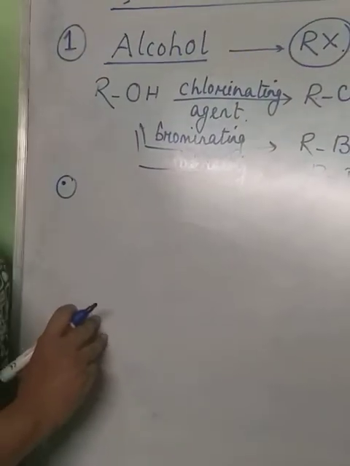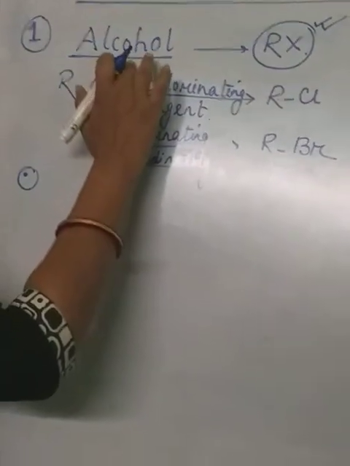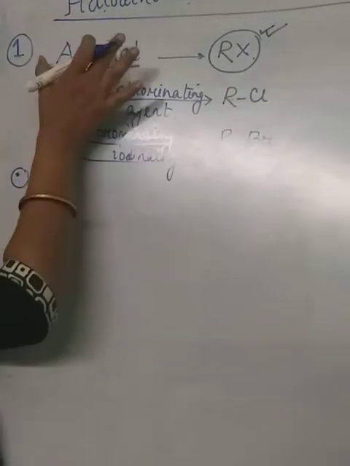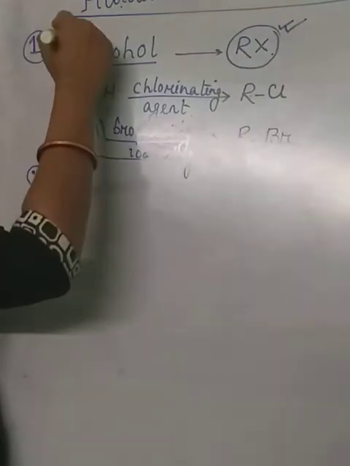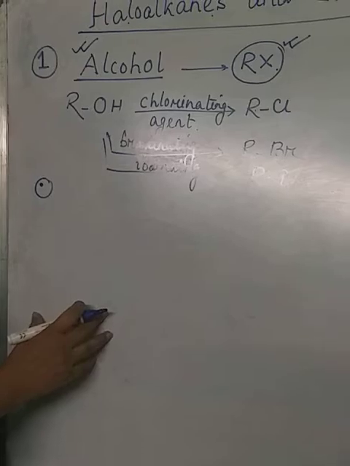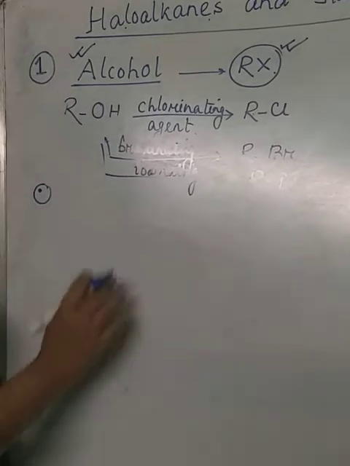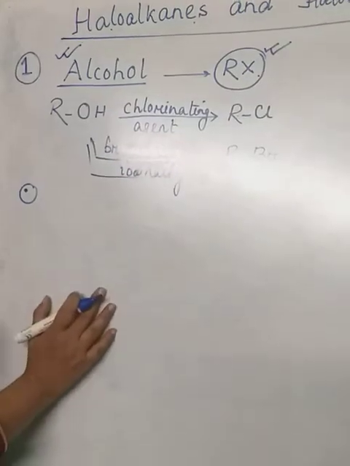The first point, what I said, is that haloalkanes are largely and extensively prepared from alcohol. Why does this happen? Why is alcohol taken as the most important or the chief source to prepare haloalkane?